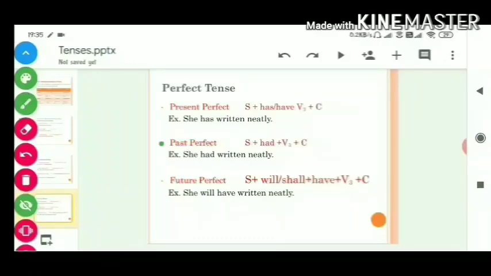The formula: subject plus had plus V3 plus complement. She had written neatly. Future perfect tense: subject plus will, shall plus have plus V3 plus complement. She will have written neatly.